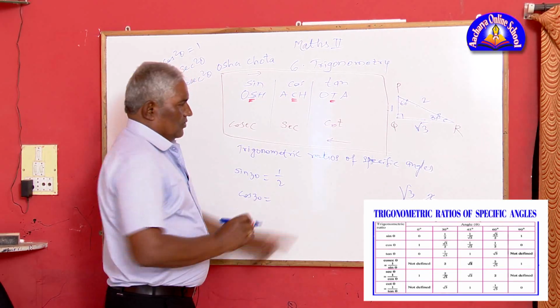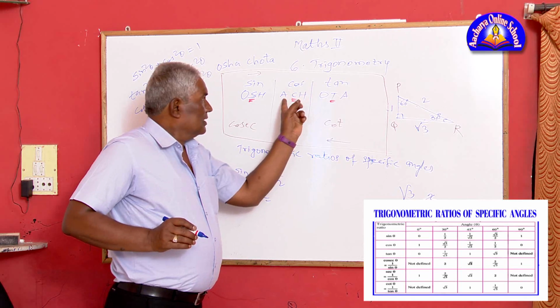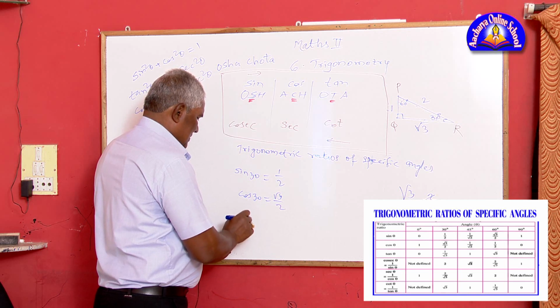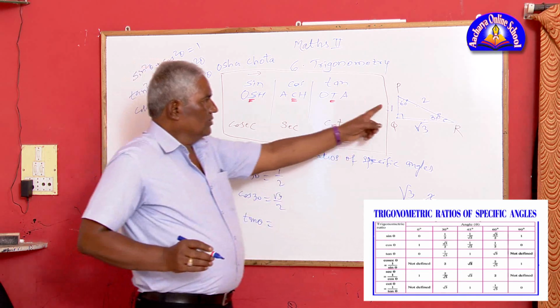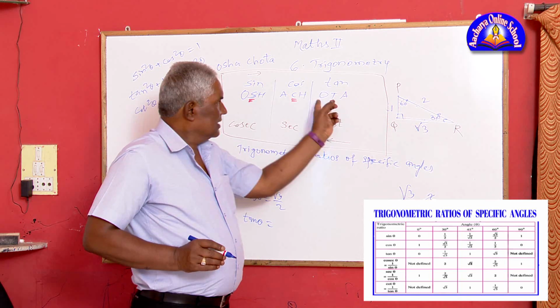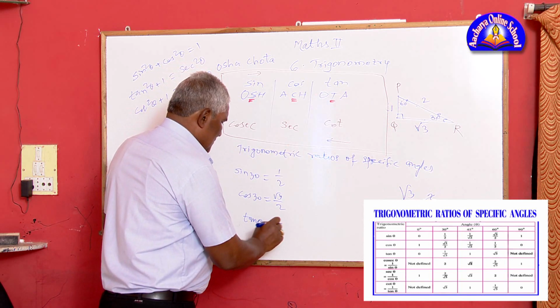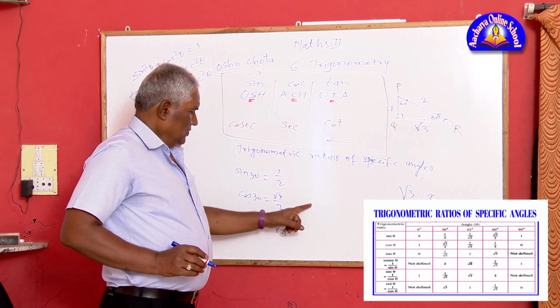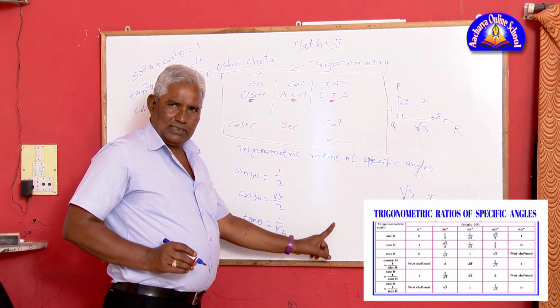Cos 30 is equal to adjacent upon hypotenuse, root 3 upon 2. Tan 30 is equal to opposite upon adjacent, that means 1 upon root 3. And the remaining 3 ratios you can write as reciprocals of these 3 ratios.